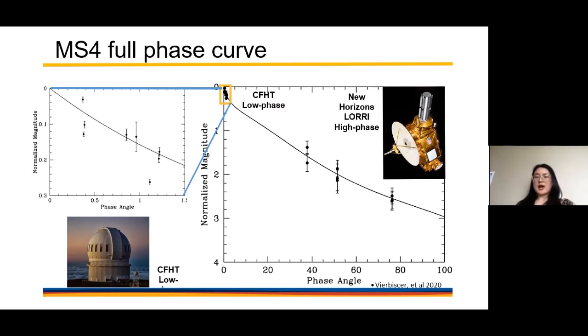and Verbiscer has combined the graph together, and from the phase diagram, we noted that it has a moderate opposition surge, and the slope of the phase curve is pretty flat, which indicates that we might have some special surface property.